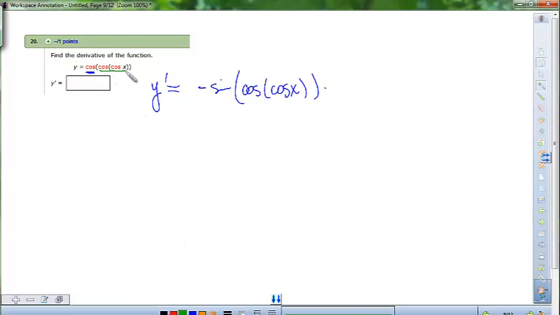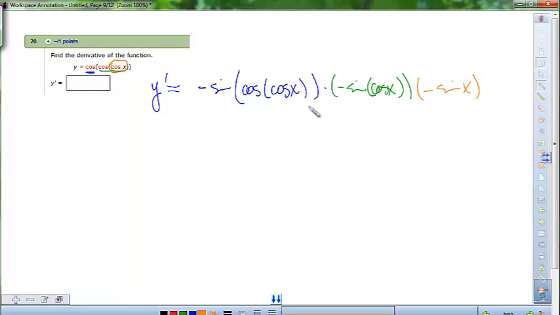The derivative of the cosine of x is negative sine of the inside function. Now the inside function is just the cosine of x. And then, finally, we want the derivative of this, which is just negative sine x.